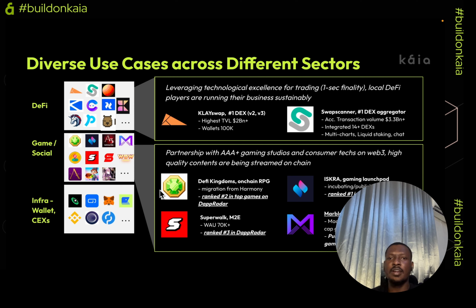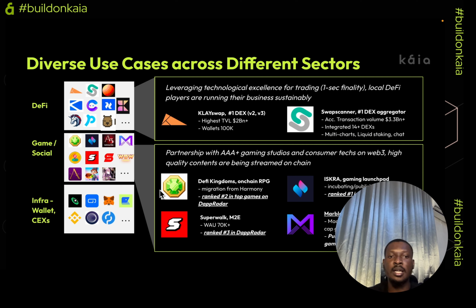For this reason, there are different use cases being built, ranging from DeFi, games, social infrastructure, wallets, even centralized exchanges, and also the different metaverse use cases that we have. So far, here are some of the ecosystem partners or products that we have. We have ClaySwap, the number one DEX on Kaya, which is a decentralized exchange.